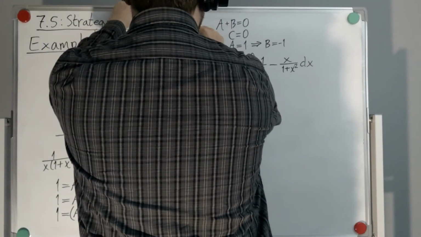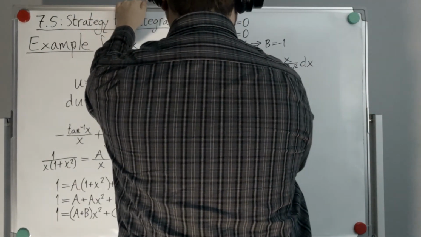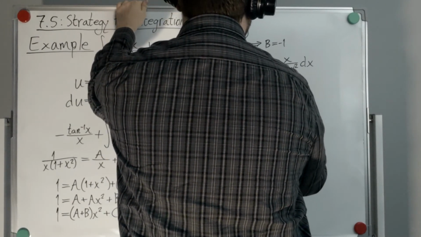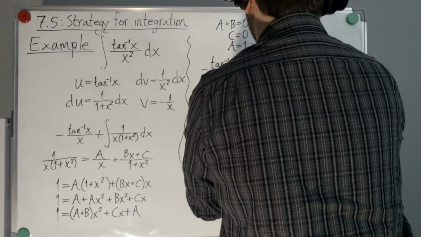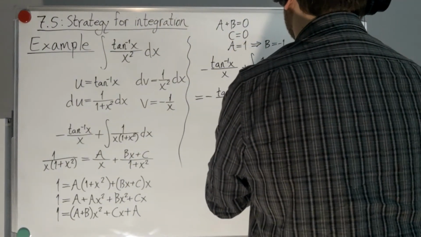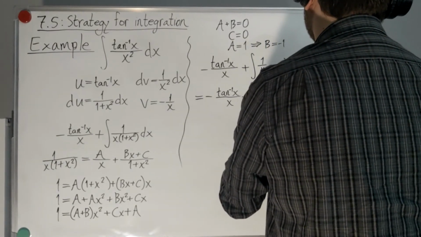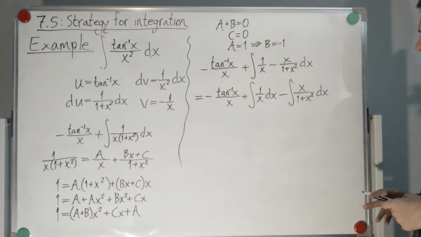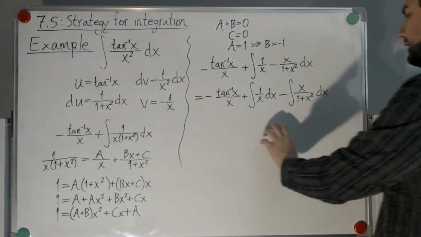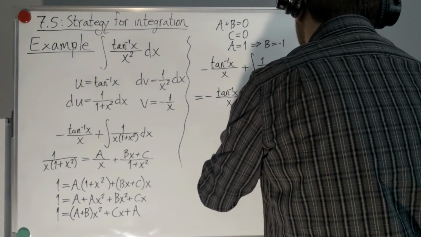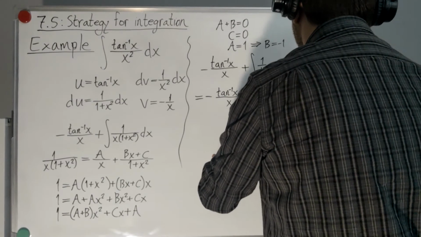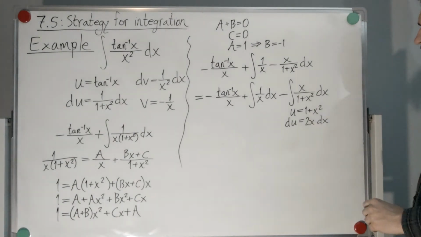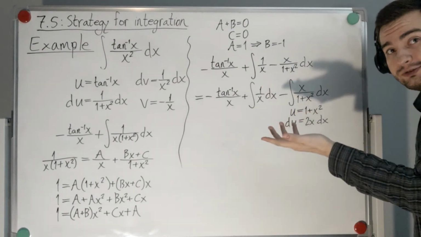So now this becomes negative arctangent x divided by x plus the integral of 1 over x dx minus the integral of x over 1 plus x squared dx. As for this one, we just say u equals 1 plus x squared and then du becomes 2x dx. And then this one is just going to be natural log of the absolute value of x.